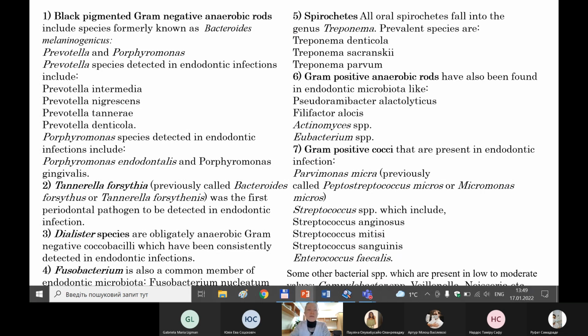And actually here I have collected all of them in groups. I will just stop on the headings of these groups. So the most typical microorganisms are black pigmented gram-negative anaerobic rods, Prevotella and Porphyromonas, and their subgroups.